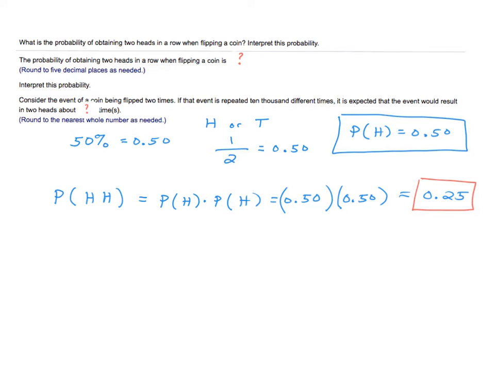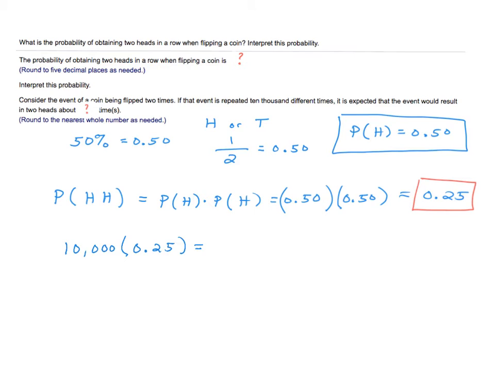The second part of this problem says well, what if we repeated this 10,000 different times? How many times would this event happen? And this is simply a matter of taking the number 10,000 and multiplying it to the probability.